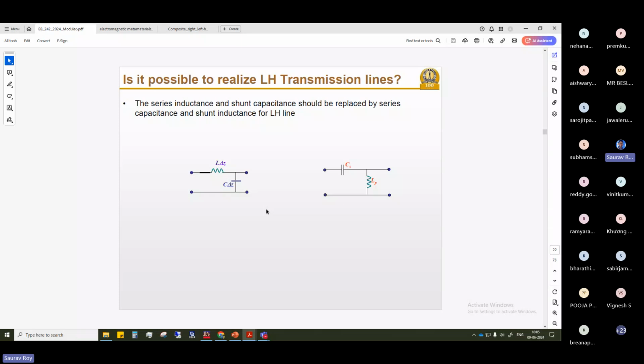If you can generate a negative phase shift, that can give you a lot of advantages. One way is that you can reduce the length of the normal transmission line or normal circuits, whatever you design. If you use these left-handed lines, which we'll later call the CRLH composite line, you can reduce your length.